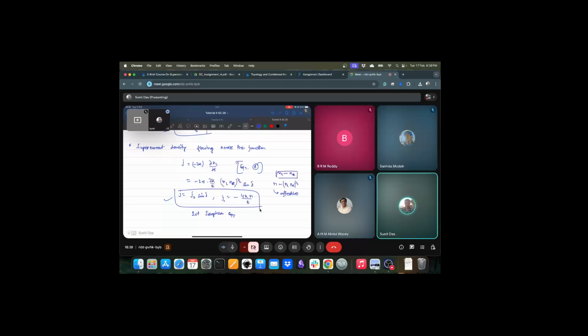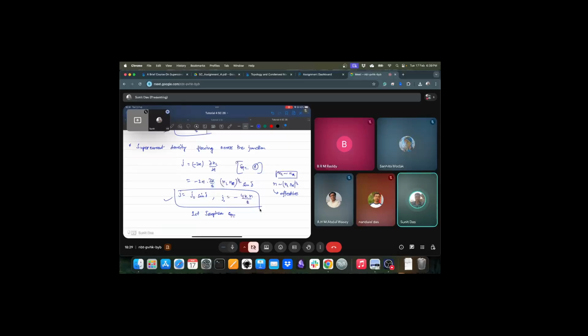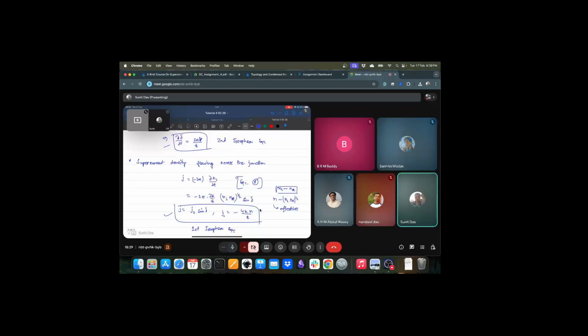So if the phase difference is changing over time, then the current across the junction is also going to change. This is something non-trivial, because in a normal conductor, if you apply a voltage, then within a fraction of a second we get a steady current, as long as your voltage is fixed. But that's not what happens here. In a Josephson junction, the current is a function of time.